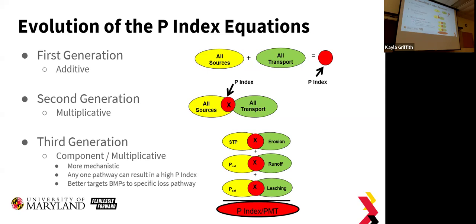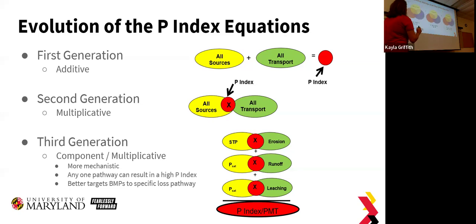And so we basically took 3 of these and added them together for that final P-index PMT score. This was more mechanistic. This really more represents what is happening in the landscape, all right? It's not an equal contribution by any means of those 3 loss pathways. In some areas, one is high, and in some areas, a different one is high. So just from a mathematical standpoint, this equation truly better represents what's happening in the real world.